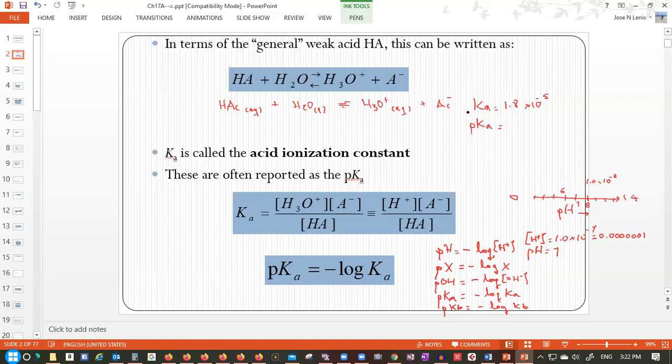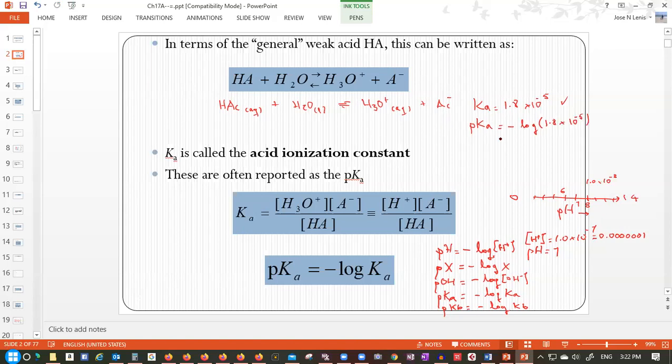So what is the pKa of acetic acid, knowing that the Ka is 1.8 times 10 to the negative 5? Simply just take the negative log of that number, 1.8 times 10 to the negative 5.